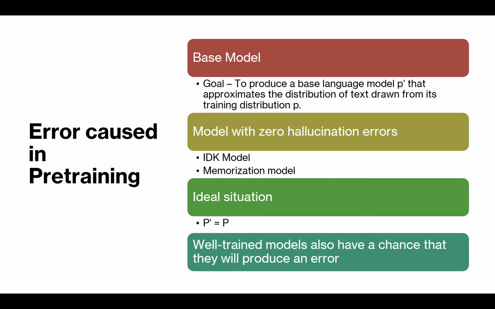For a base model or any pre-trained model, the goal is to estimate a probability distribution, which we call p hat here, and learn that from the true distribution, which we learn using the training data samples presented to the model.